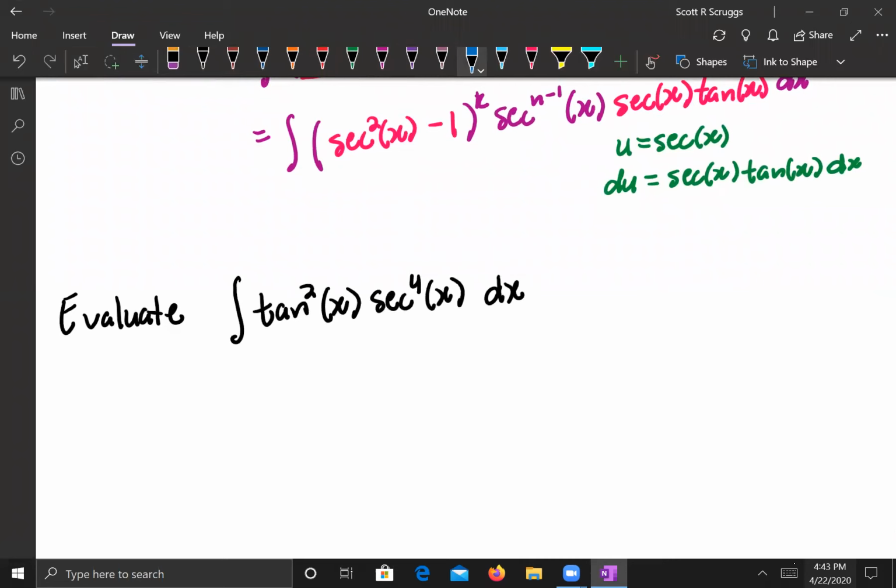Alrighty. Time to go over our solution for the problem. So secant is even, so I'm going to fall under the methodology of 1.